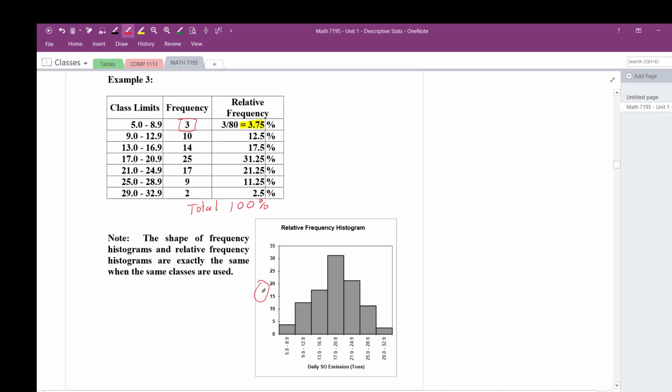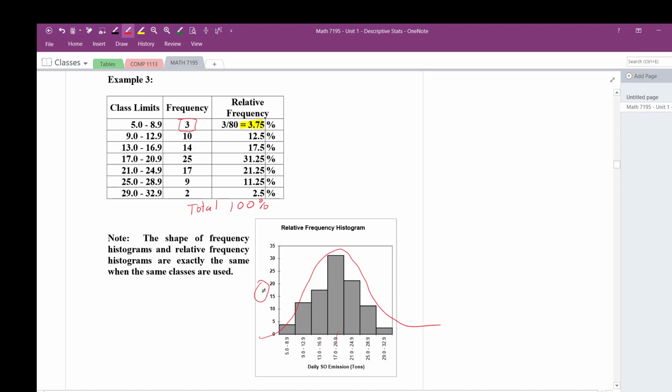Now when I make my plot, I get the same shape, so I still see where the middle is. I still see the overall shape. I don't see any major outliers or anything. So why might we do this? Generally in comparison situations.